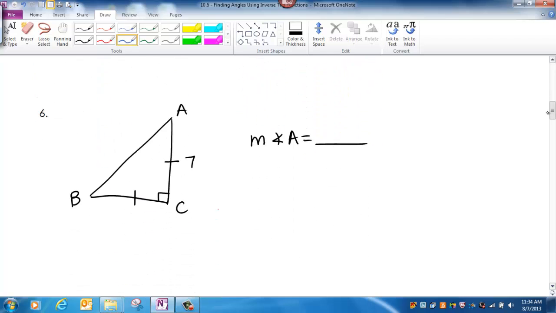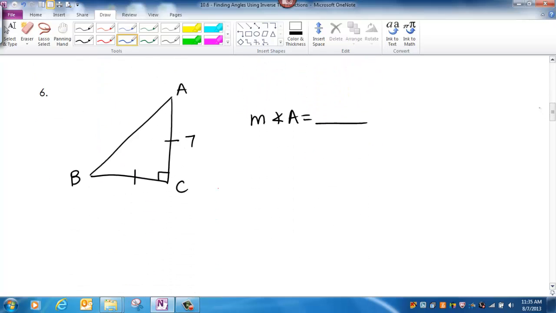Okay, one more. Number 6. The measure of angle A. All right. So it's asking for an angle again, so we know we're going to need to use inverse trig to do this. Okay, so let's see. Here, we only have a 7 one time.